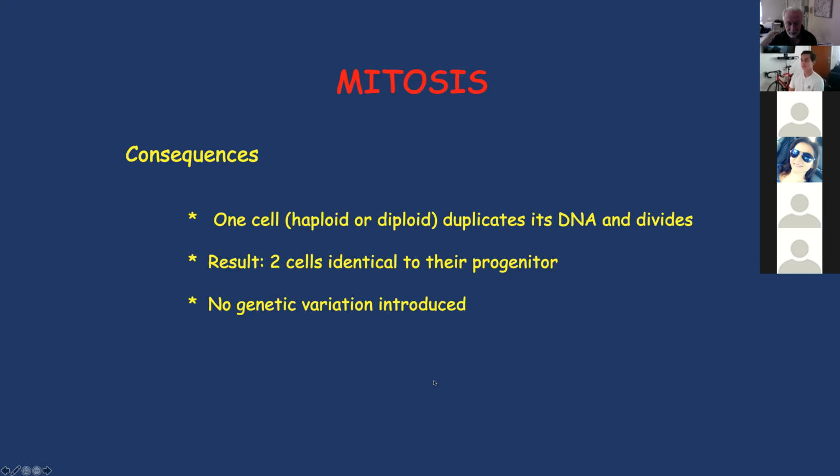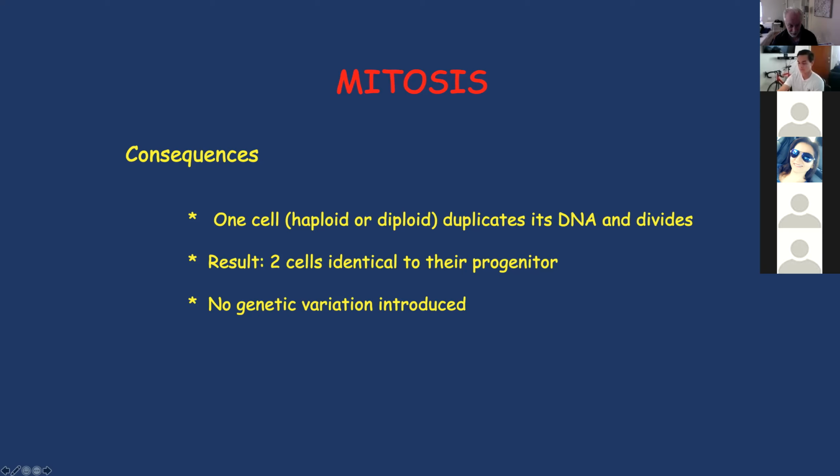All right, now let's get into cell division and the two main processes, starting with mitosis. So what are the consequences of mitosis? You start with one cell, and that cell can be either haploid or diploid. But it duplicates its DNA, and you remember that process, the 6 steps in DNA replication.